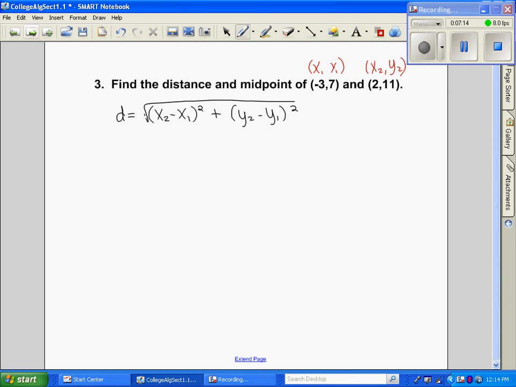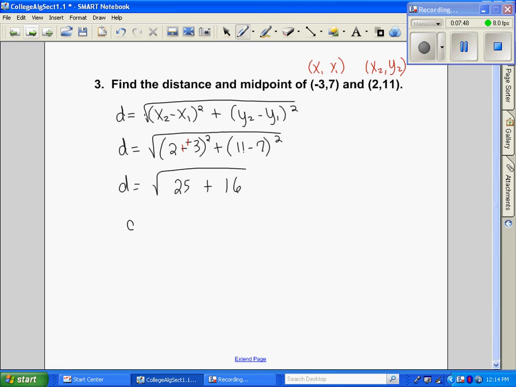So when we substitute them into our formula, x2 is 2 minus x1, which is -3, and then we square that. y2 is 11, y1 is 7, and we square that. So in here we're going to have 5 squared, which is 25, and over here 11 minus 7 is 4, so you have 4 squared is 16. 25 plus 16 is 41, so our distance is the square root of 41.